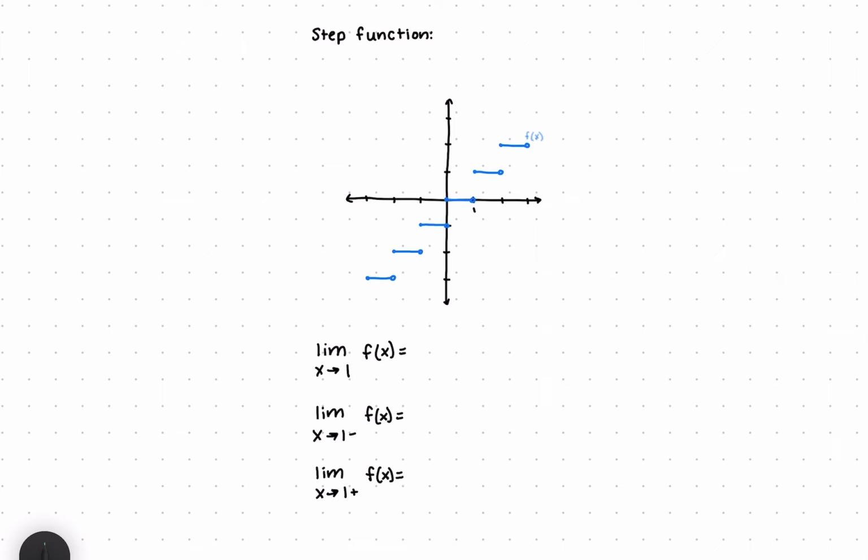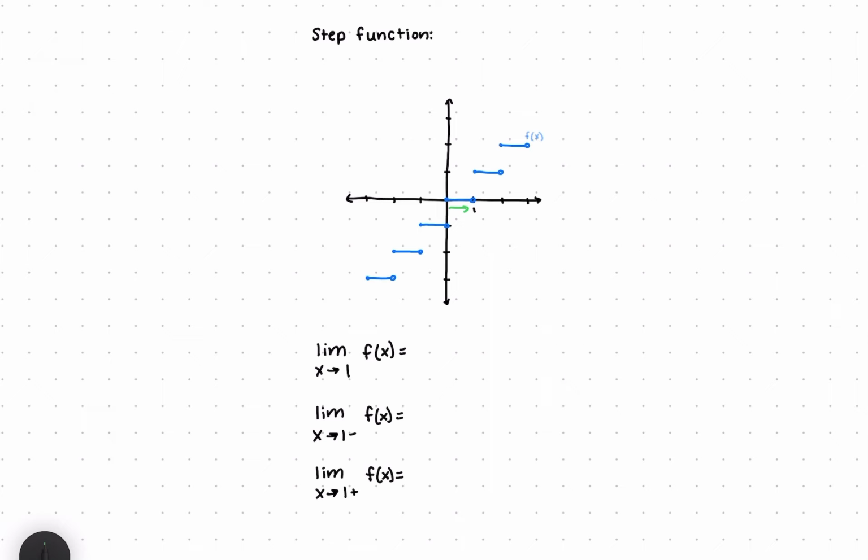Now whenever we have a graph, let's use it to our advantage. To evaluate a limit, we'll look at what the function is approaching from both sides of that defined x value that we're approaching. From the left, or from the values where x is less than 1, we'll see that the function is approaching 0.